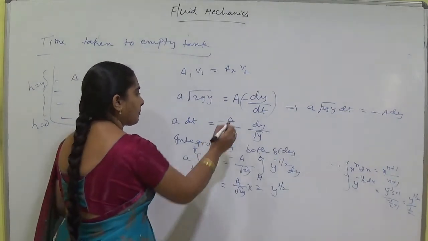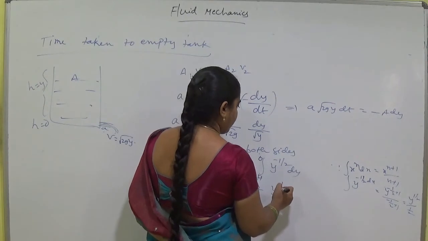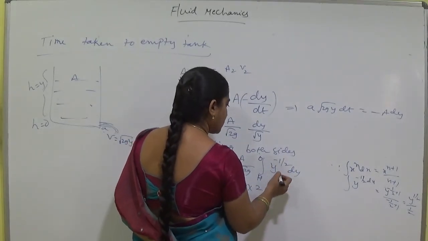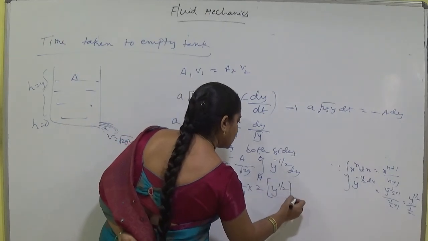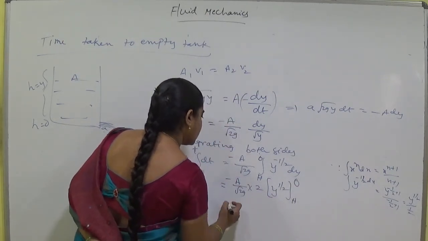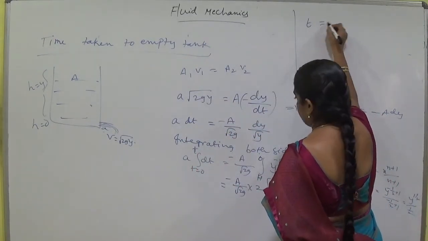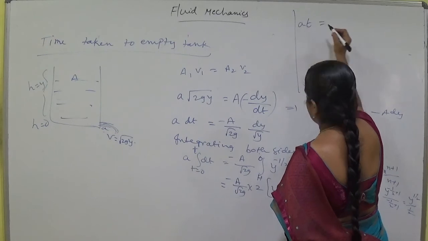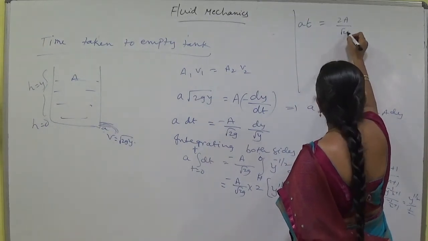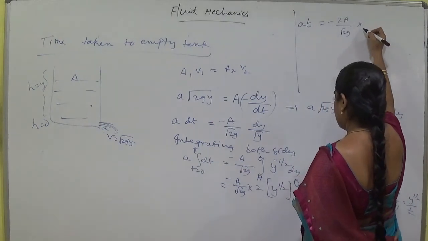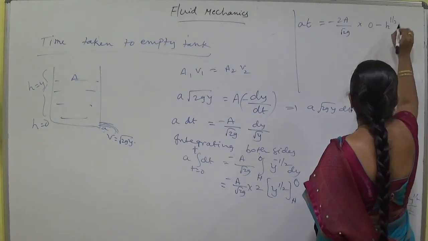There is a minus, okay. 0 power half minus h power half. So calculating, A t is equal to 2a by root 2g into 0 minus h power half.